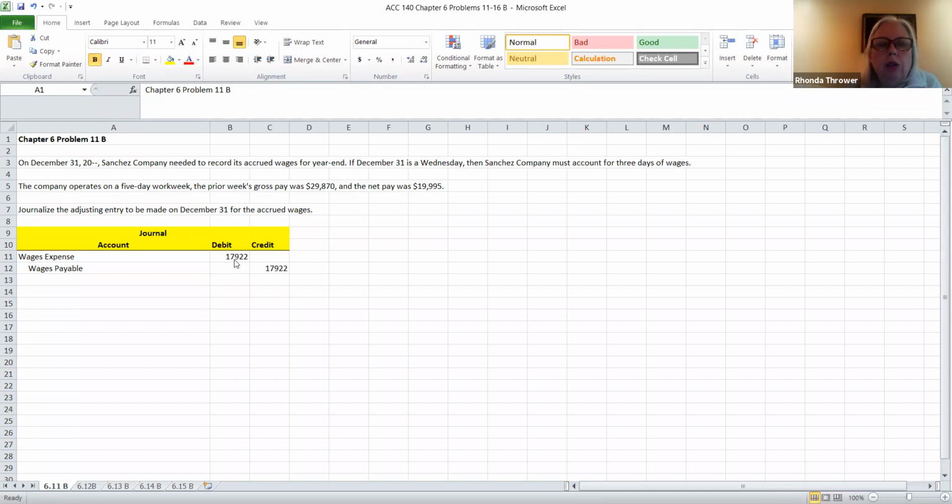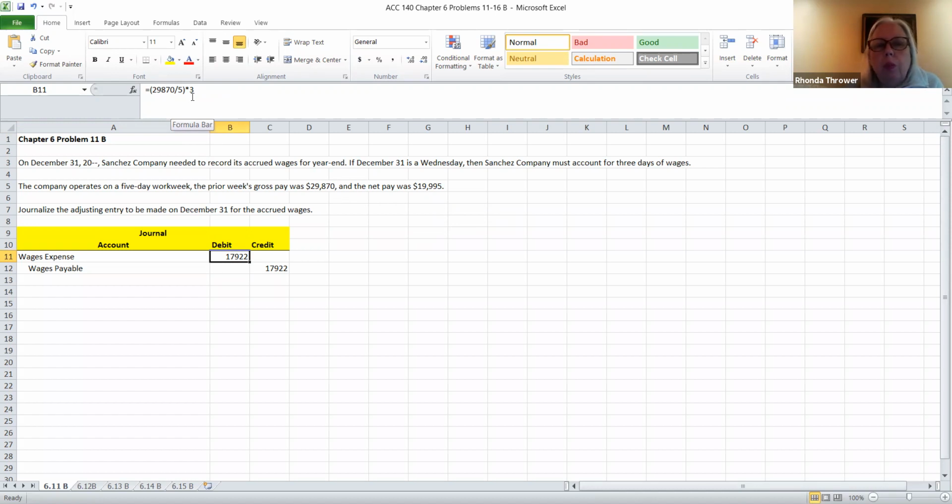The way that we do this is we're going to take the amount that was owed, which was $29,870. We're going to divide that by 5 days in a week. In other words, we're going to get a daily amount that the employees are earning.